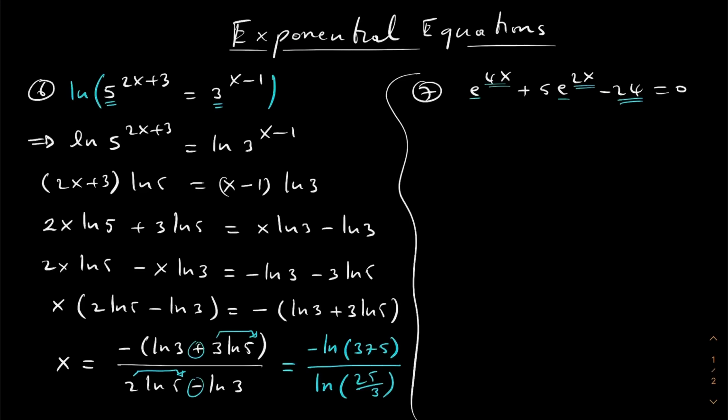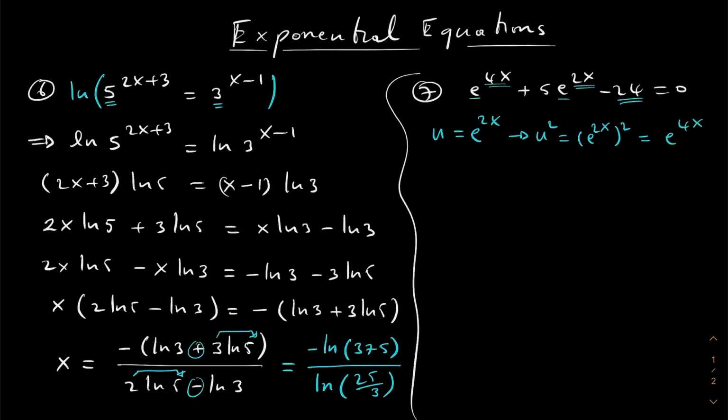So when something like this is given to you, you should think of using substitution in order to solve for x. And so here, I'm going to substitute the exponent with the lowest power. And so I'm going to have here u, which is my substitution variable, equals e to the power of 2x. And so if that's what I'm using, then u squared should be equal to e to the power of 2x squared, which is the same thing as e to the power of 4x.